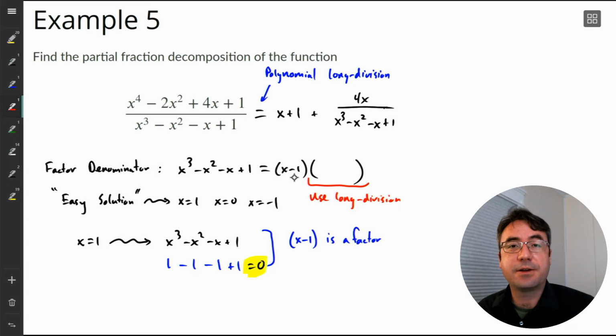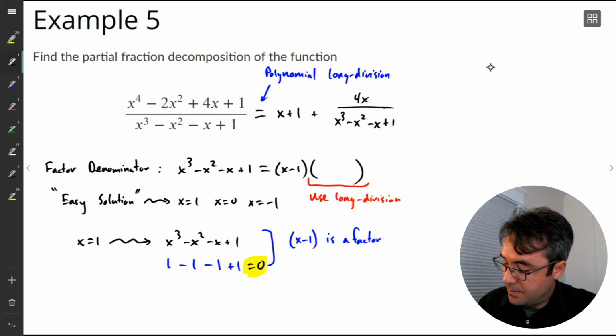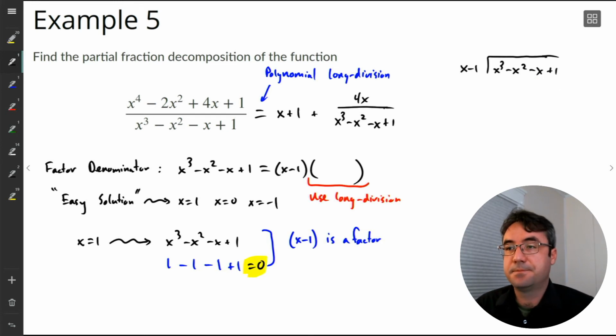If we know one of our factors, we can use long division to find what the remaining pieces are. So let's actually do that. Let's take x minus 1, and we want to divide that into our denominator there, and see what we have left over.